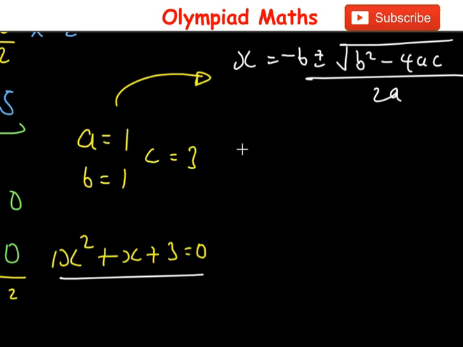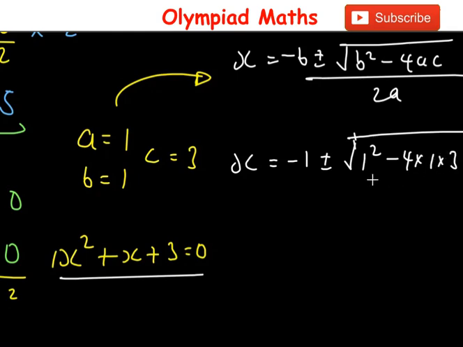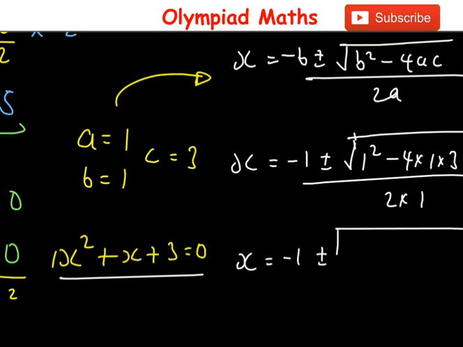We have that the solution for x is equal to minus b, b is 1, plus or minus square root of b squared. B is 1, so 1 squared minus 4 times a, which is 1, times c, which is 3, all over 2 times a, which is 1. So x is then equal to minus 1 plus or minus square root of 1 squared is 1 minus 4 times 1 times 3, minus 12, over 2 times 1 is 2.